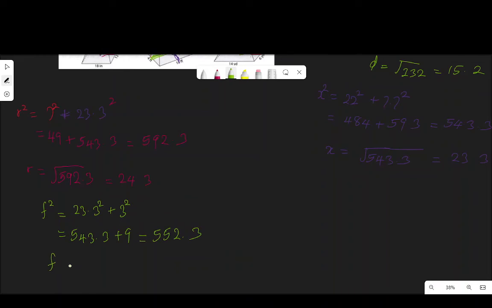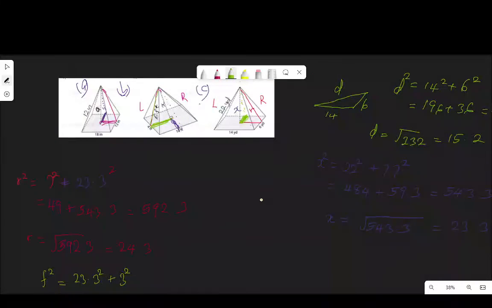F will be square root of 552.3. And square root of 552.3 is 23.5. Okay, we know the height of the triangular faces.